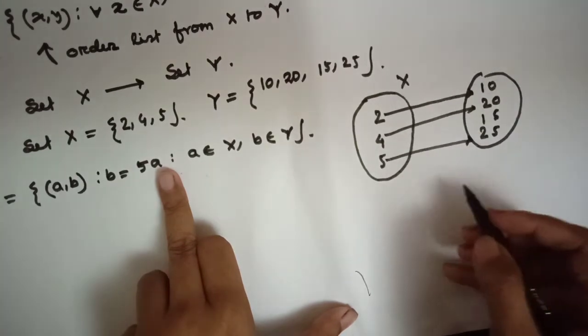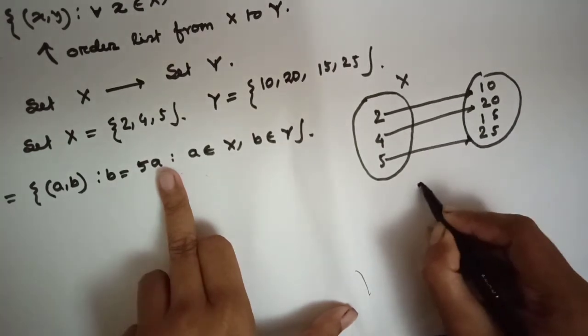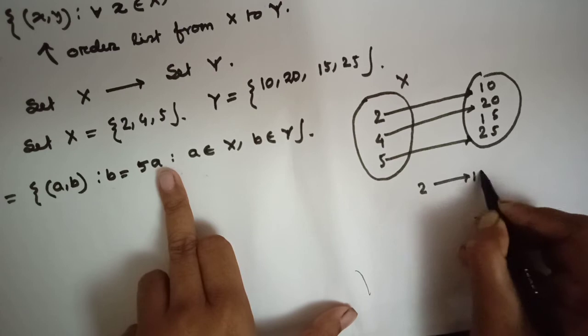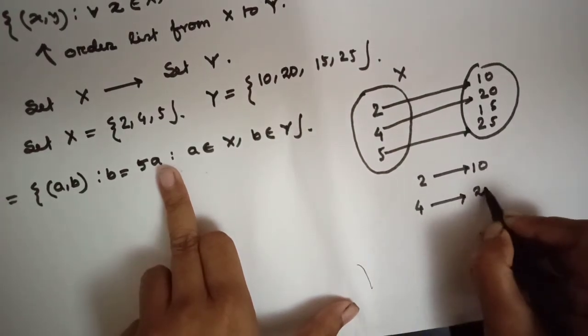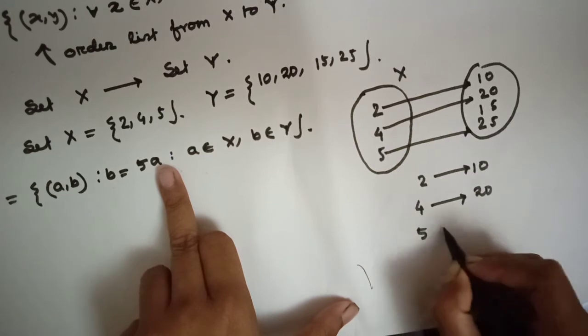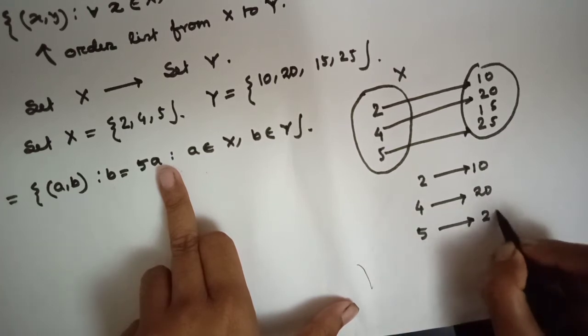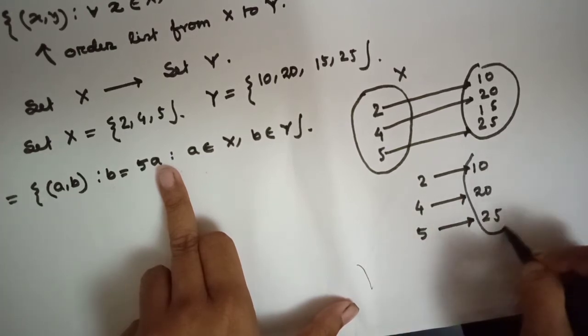The image is 2 goes to 10, 4 goes to 20 and 5 goes to 25. This is the image.